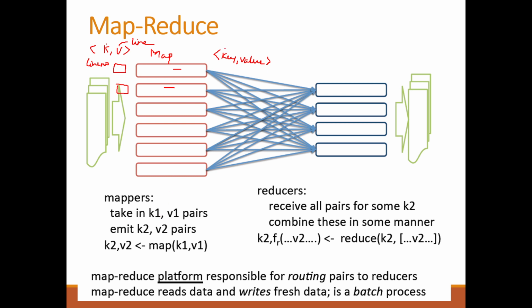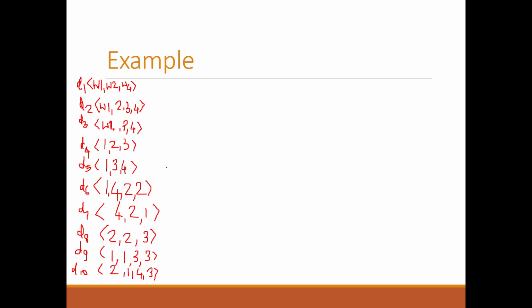So these reducers are accepting key along with a list of values here, and will also be giving us the output in the form of key and value pair. Okay, so let us discuss a small example here.